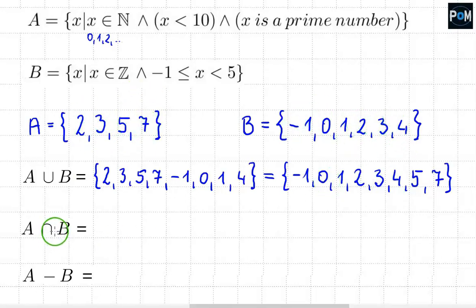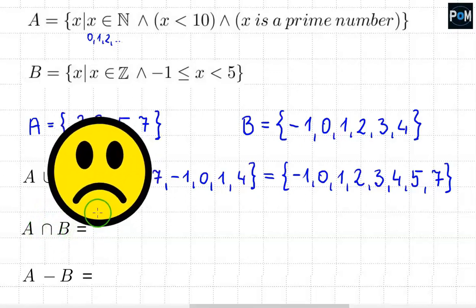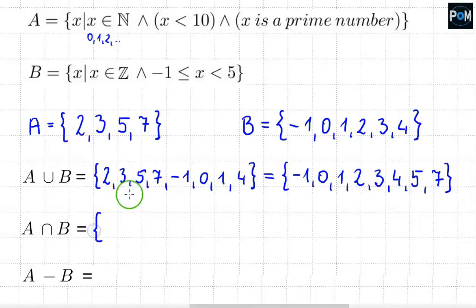Now the intersection of the sets, and here is that grimacing face. For the intersection, we only take those numbers that are found simultaneously in set A and set B. Let's check in order. Here is 2, and in the other set, there is also a 2, so we take 2 to the intersection. Here in set A, there is 3, and in this set, 3 is also present, so we also write 3 to the intersection. The next number is 5.